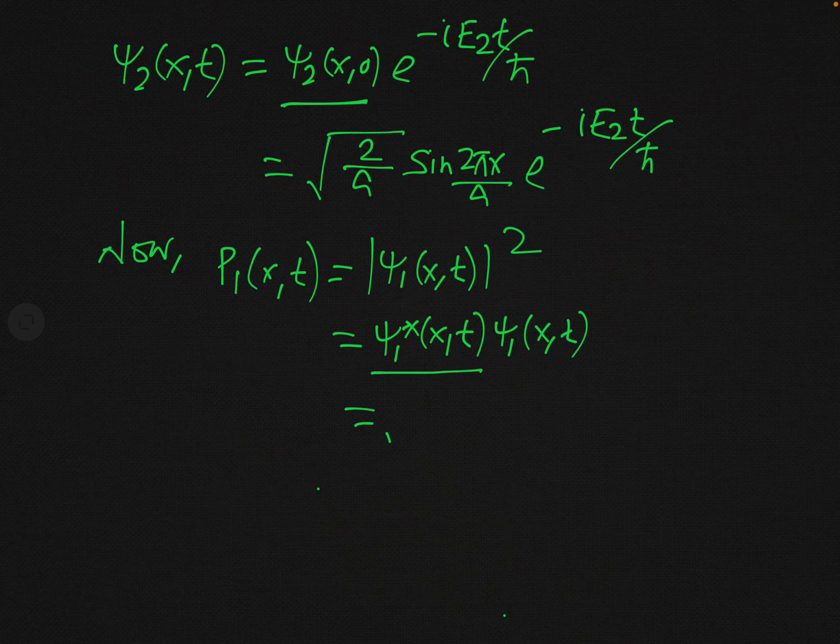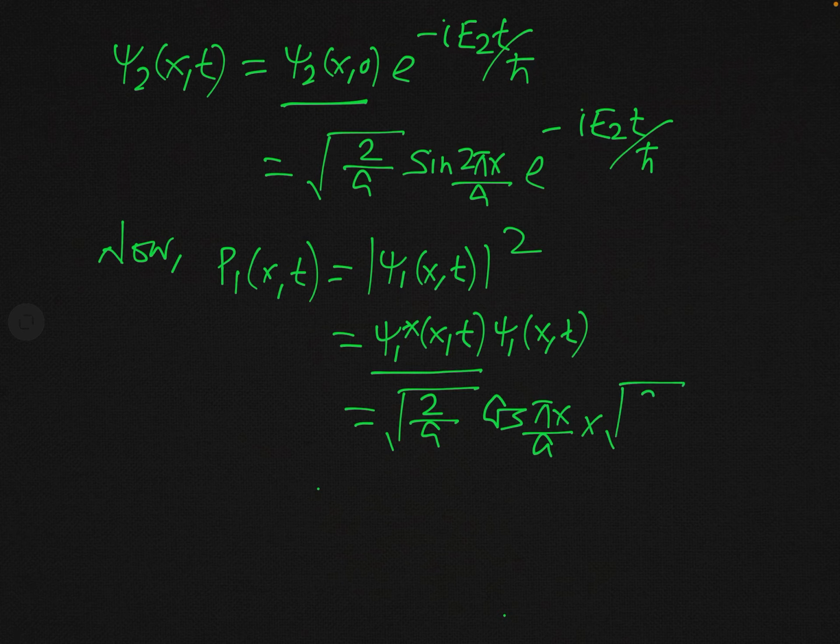So this is simply root over 2 over a cos pi x over a, times psi1 of x,t.